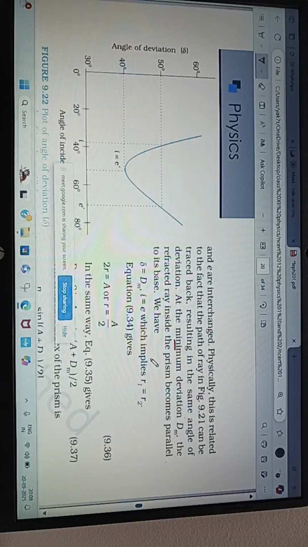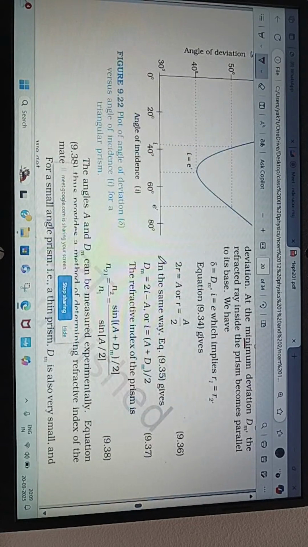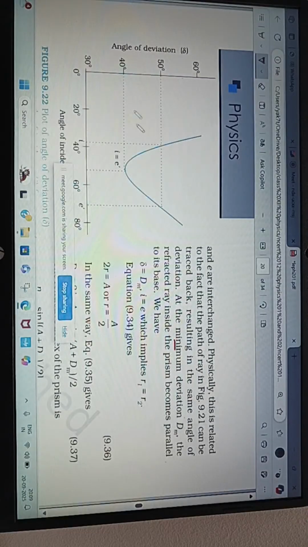From the graph, we can see that for every angle of deviation, there are two angles of incidence. For one value there will be a certain minimum in the graph, that is called angle of minimum deviation.